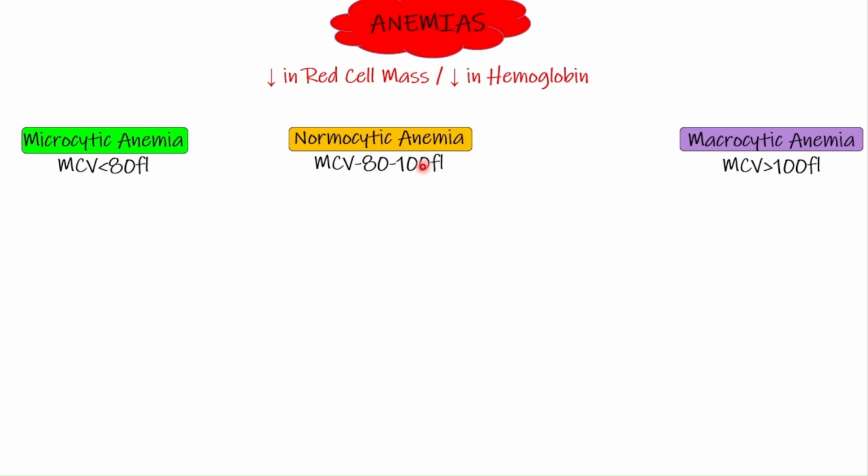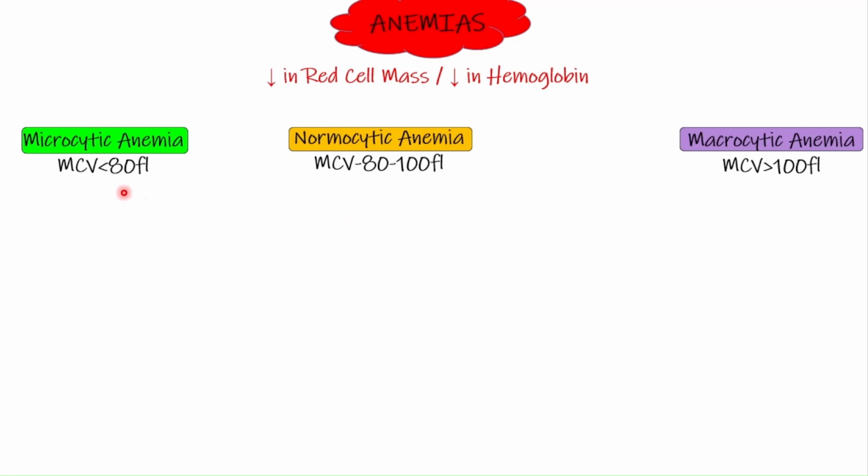So the normal size of the red blood cell, the MCV, is 80 to 100. All the anemias having the normal size are known as normocytic anemias.